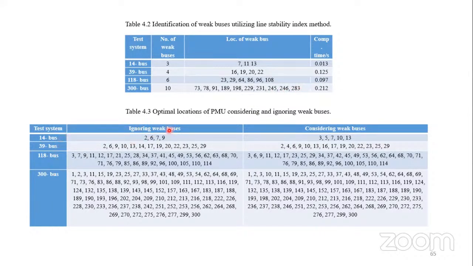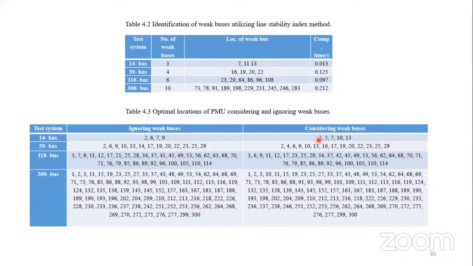After ignoring and considering the buses, we have found the solution. This result is the normal operation result, and in this result we have considered the weak buses. As you are seeing, there is a change in the location: the normal operation gives 2, 6, 7, 9, and here 3, 5, 7, 10, and 13. If you look here, the weak buses are 7, 11, 13, and we want to monitor these 3 buses directly.